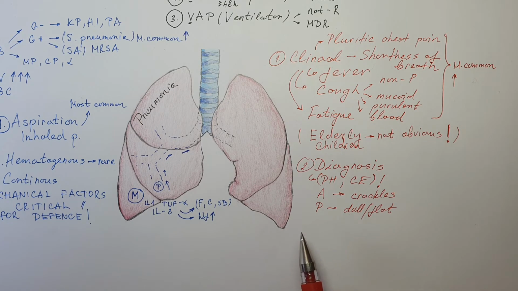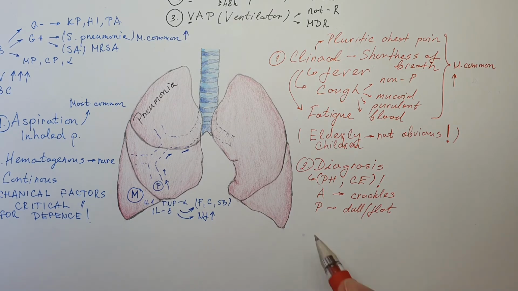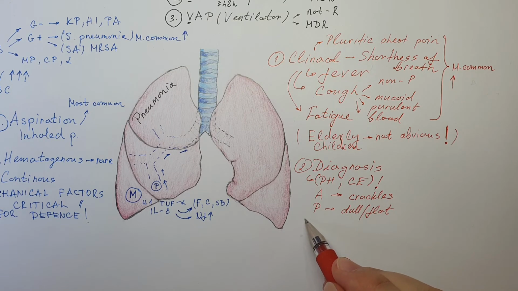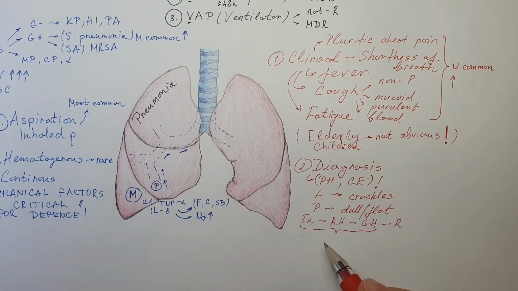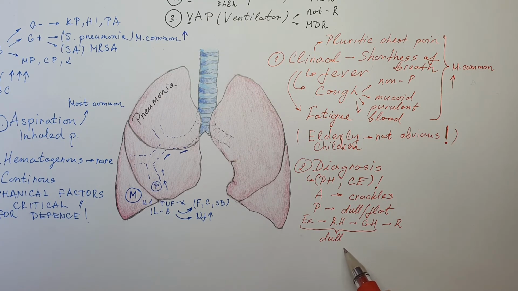So in pathology, the infection of the lung develops. We have first the initial phase, then we have exudate, and then we have the red hepatization phase, and then gray hepatization phase, and then we have resolution. So in these phases, the lung is filled with exudate, with cells, and it will sound on percussion more dull than it should.